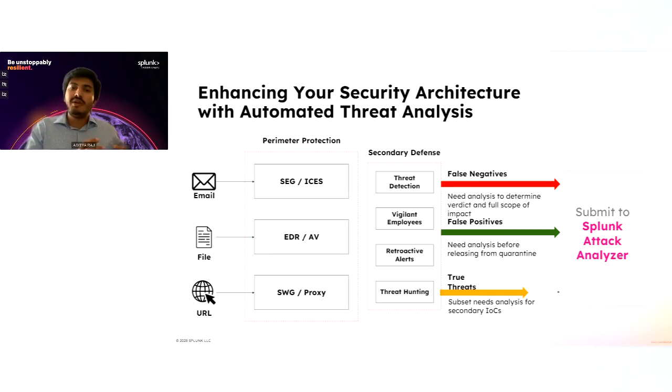So only spend your time on true threats, and we will minimize your false positives and false negatives. Everything that comes into Splunk Attack Analyzer gets a verdict on a score of 0 to 100, 100 being most malicious, 0 being least malicious. So that is what we do for your perimeter protection stack.